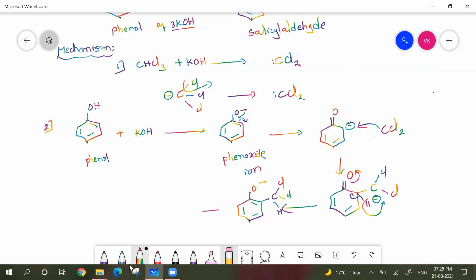Now another KOH will undergo reaction with this. Cl minus will be replaced with OH. You can write delocalized pi electron cloud instead of pi bonds, no problem. Sorry students, let me write this again.